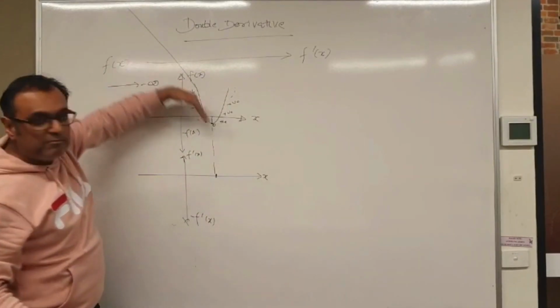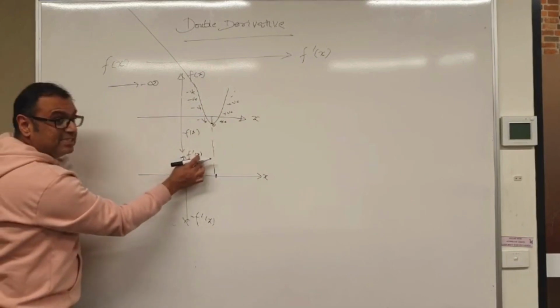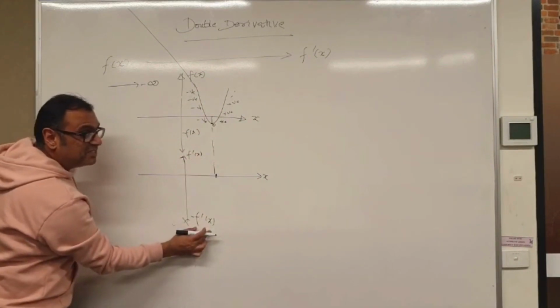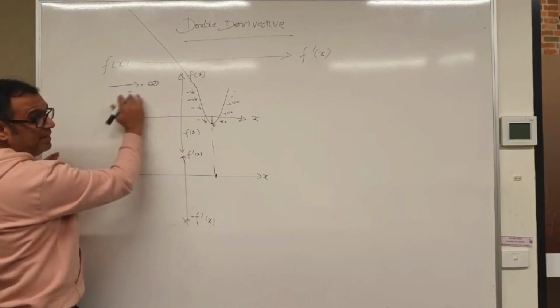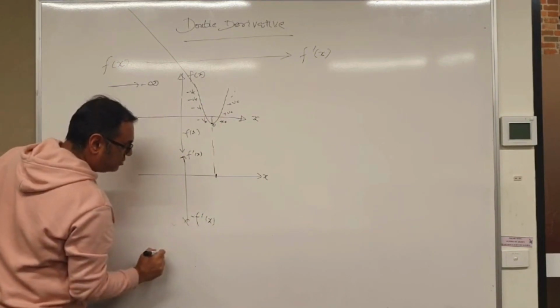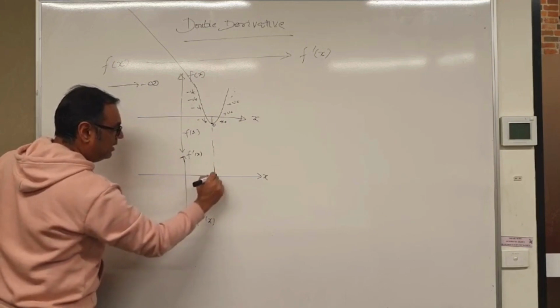It's just like falling. That's the derivative, and that's the negative side of the derivative. So it must be from the negative infinity, which could be here, we'll hit here.